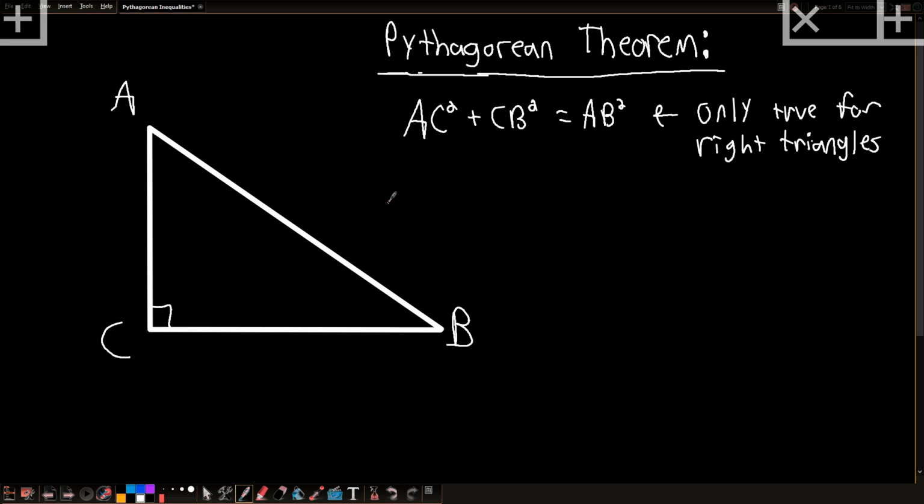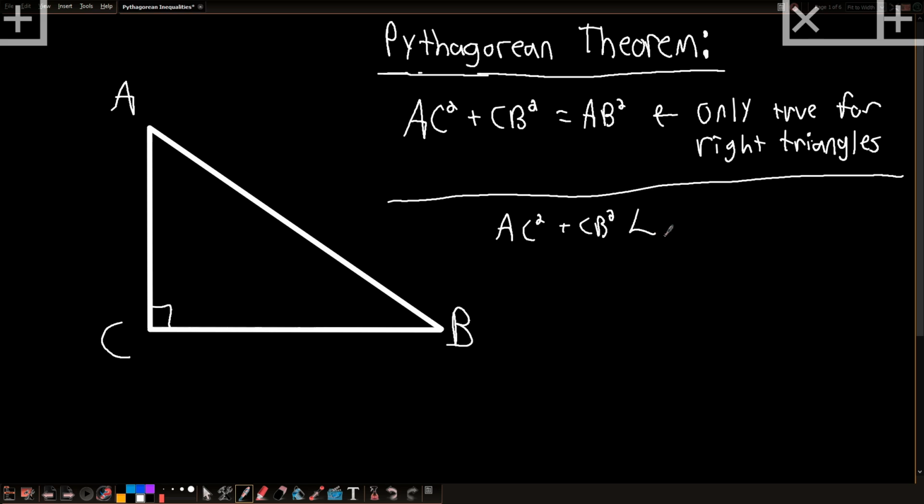Now, let's examine the situation where this is not equal. What happens if they were not equal to each other? Well, then we have two situations. We have that AC squared plus CB squared is less than AB squared, or the other situation is that AC squared plus CB squared is greater than AB squared.